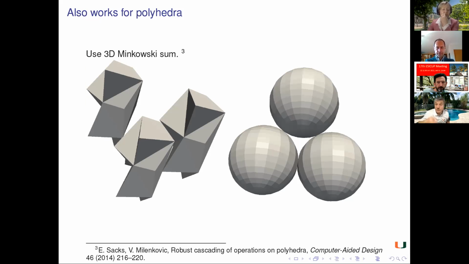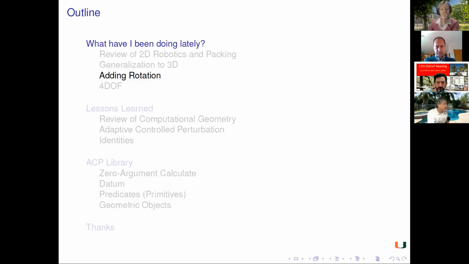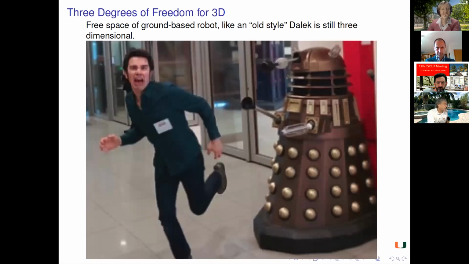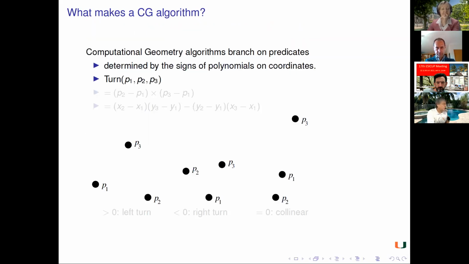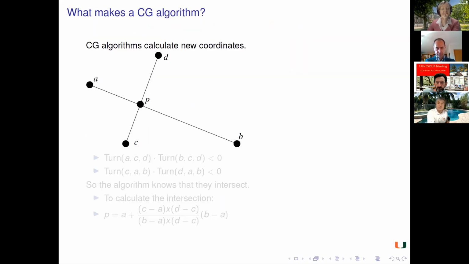So we're using boundary evaluation. The CG I went through is points and then intersecting line segments.